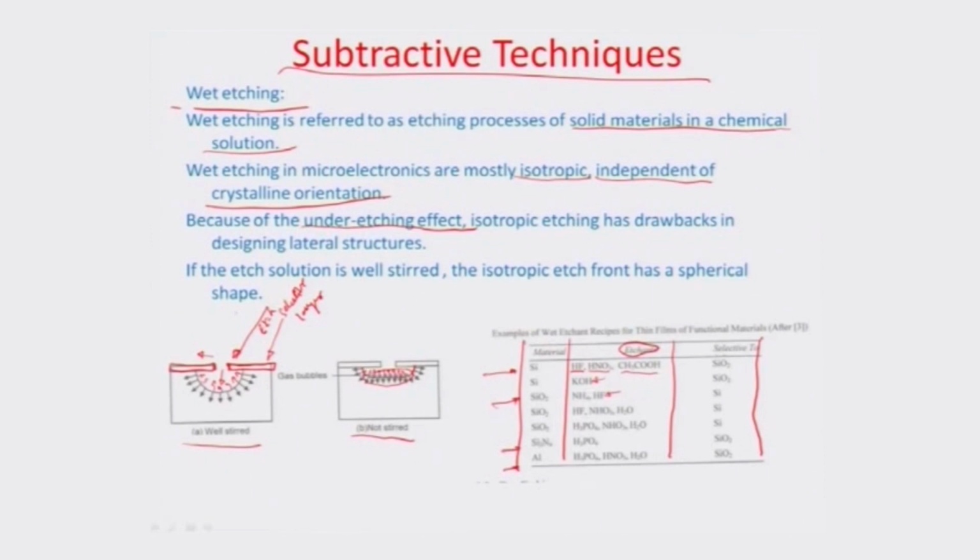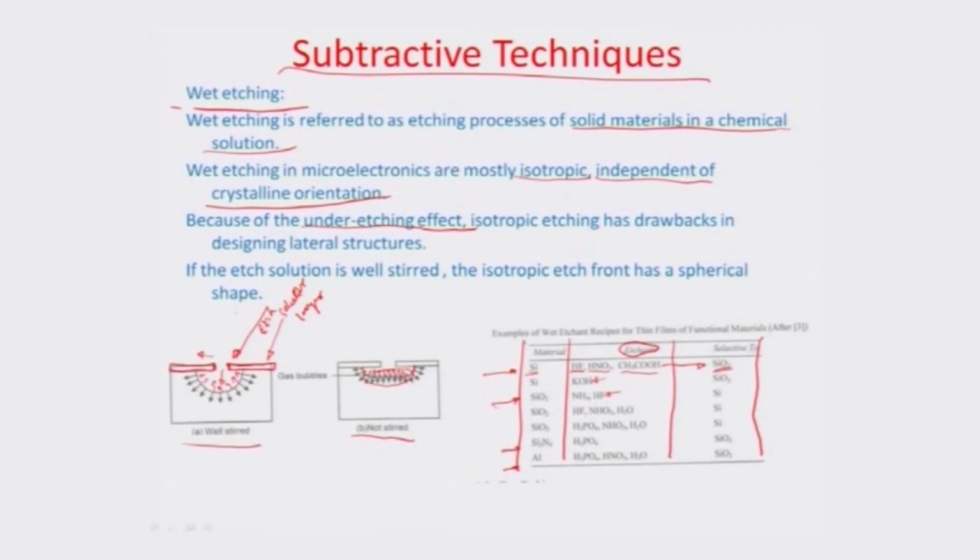But the column on the right is indicative of what these materials are selective to, which means that if you are using this etchant solution of HF, HNO3 and CH3COOH, as you can see here, it can etch Si, or silicon, and it can stop whenever it faces a layer of SiO2.